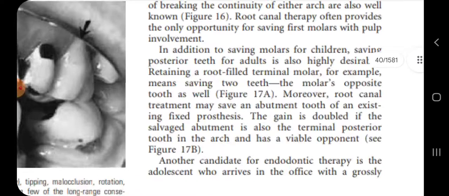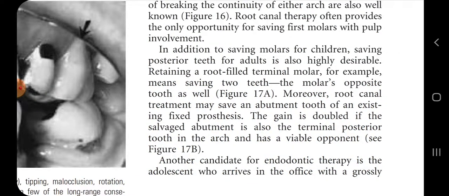Moreover, root canal treatment may save an abutment tooth of an existing fixed prosthesis. The gain is doubled if the salvaged abutment is also the terminal posterior tooth in the arch and has a viable opponent.